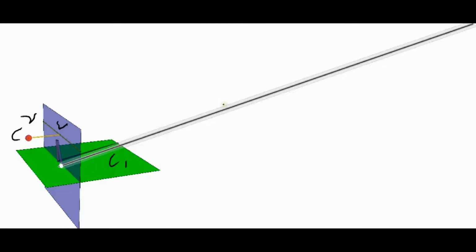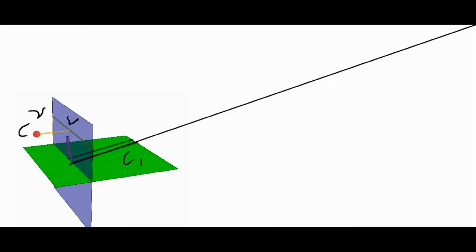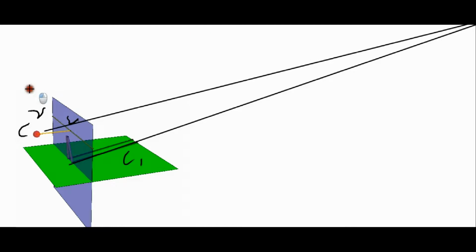And we're going to consider the planar region which is defined by this line L1 and also this viewing point C, which passes through this line L1 and also passes through C. To illustrate this, let's draw this line back to C now.